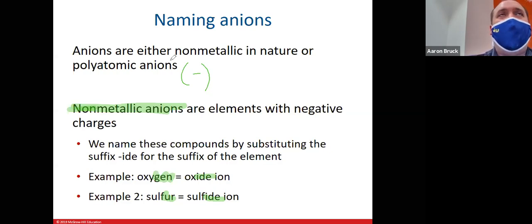I just need to find the element that goes with it. So if I get oxide, I know it's an element with a negative charge. Oxygen, oxide. If it doesn't end in IDE, then we've got other things to consider. That's when we have to start looking into that prefixing system, that suffixing system, and so on.